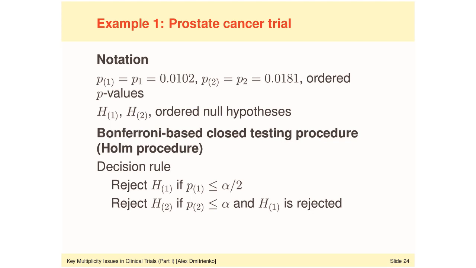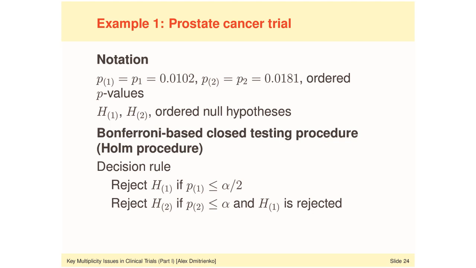We have discussed the most important property of all closed testing procedures, that they control the family-wise error rate in a strong sense. And now I'm ready to introduce another extremely important property. Even though in general, when we set up closed testing procedures, we need to go through the 4-step algorithm we defined on slide 20, the actual application of many closed testing procedures in clinical trials is much more straightforward.